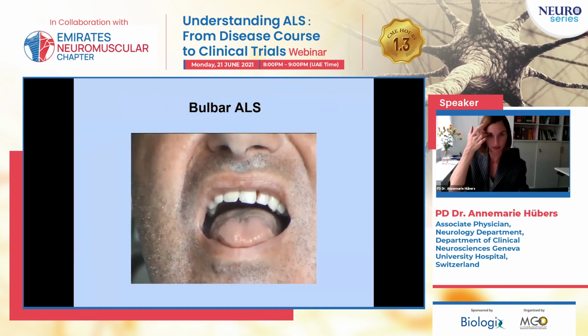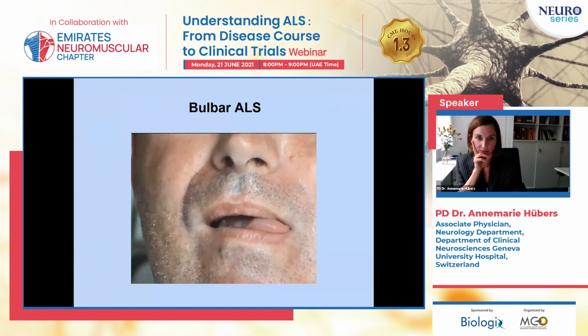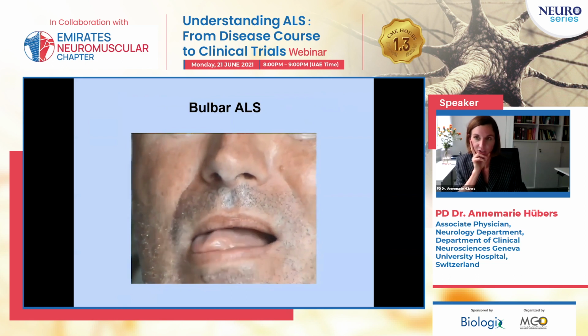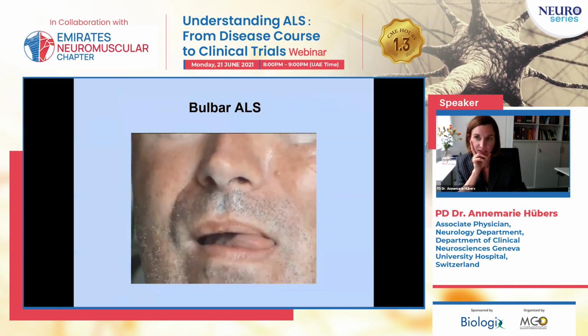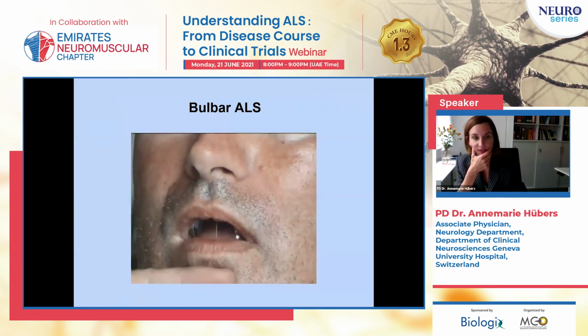So here you can see a patient with a bulbar onset of the disease. You can see fasciculations and atrophy of the tongue, as well as this hypomobility of the tongue.